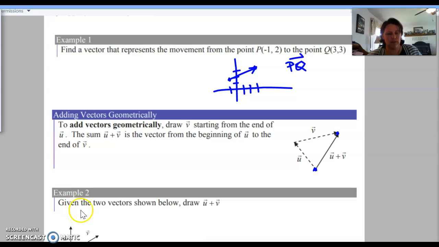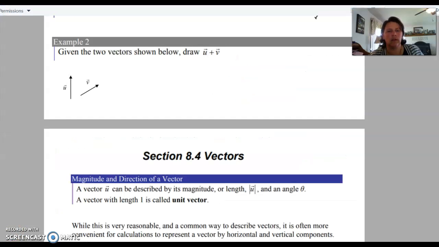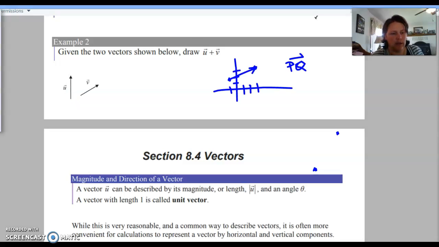Okay, example number 2. Given the two vectors shown below, draw U plus V. I'm going to have to slide that up. All right, so now we can see U and V. So U is going to be our starting point, so we want to anchor that spot right there. That spot's not going anywhere because it's our starting point.